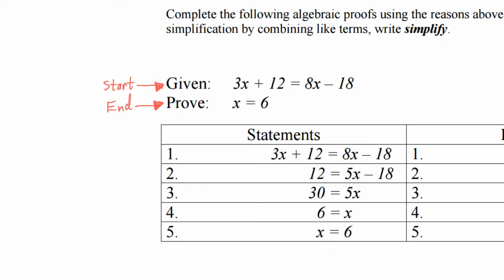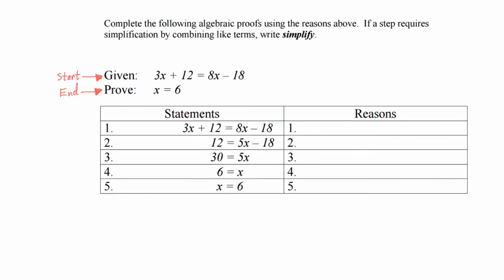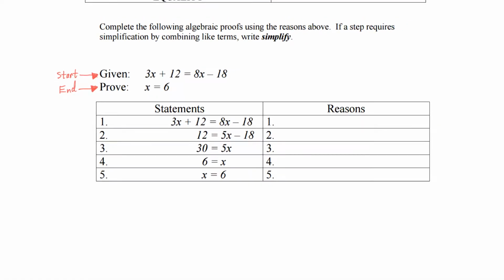They've given us something, and then they're telling us where they want us to end up. Now, in this two-column proof, the left-hand column is your statements. That's what you're saying is true. The right-hand column is your reason. It's why that in the left-hand column is true.